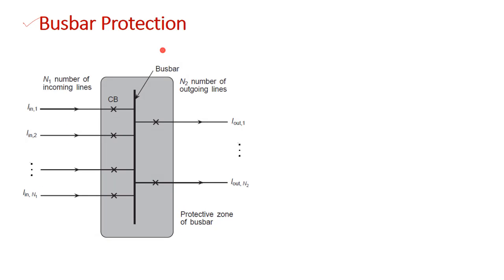So let us first discuss what a busbar is, how it plays an important role in a power system, and why it needs a protection scheme, whether it is essential to protect the busbar. Here you can see the busbar structure, right? This is your busbar.